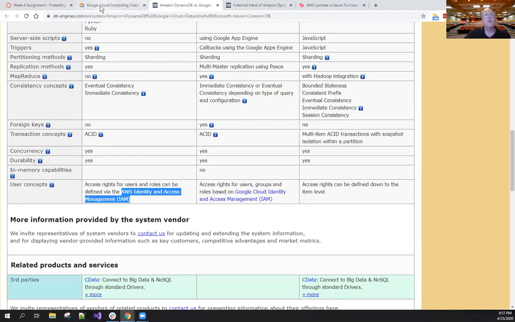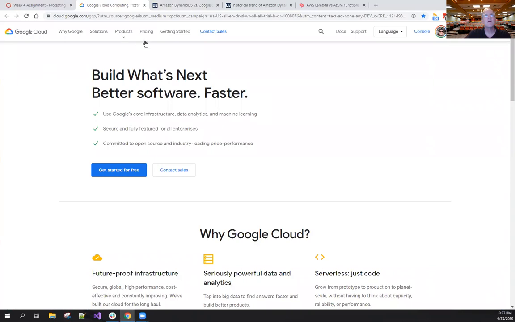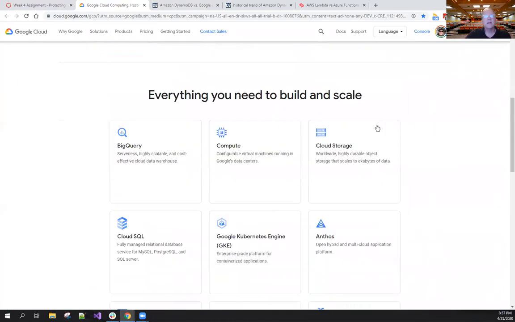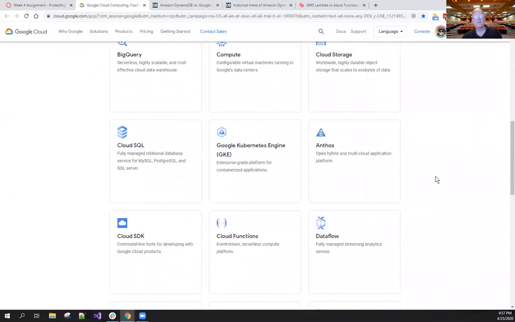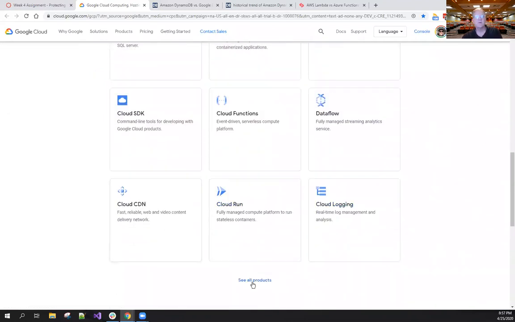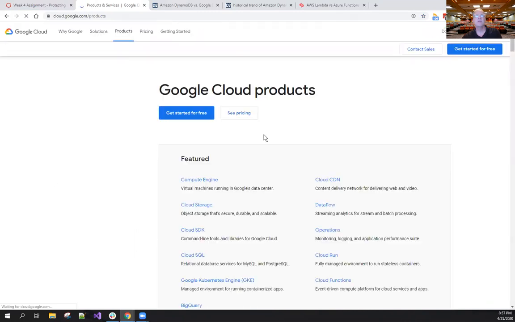Okay, so Google Cloud has data store. Okay, I don't even know where data store is in this list. Data flow, shell products. Still thinking.